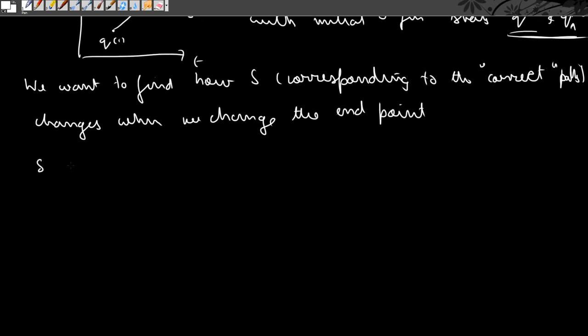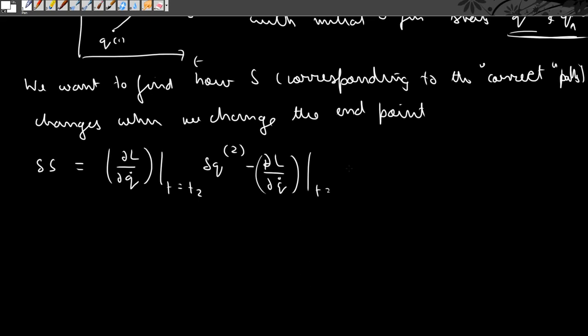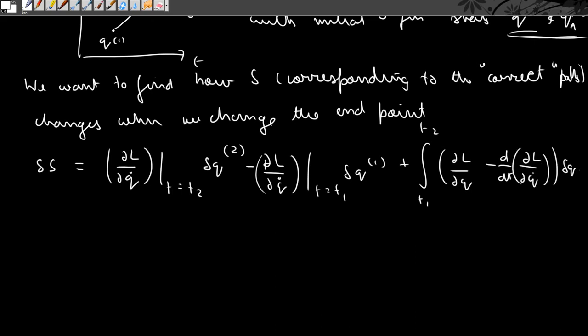So for this, let us again look at our expression for the variation in S. This was given by ∂L/∂q̇ at t equal to t2 times delta Q2, minus ∂L/∂q̇ at t equal to t1 times delta Q1, plus the integral from t1 to t2 of (∂L/∂q minus d/dt of ∂L/∂q̇) delta q dt.